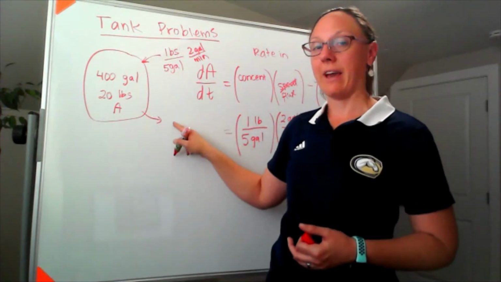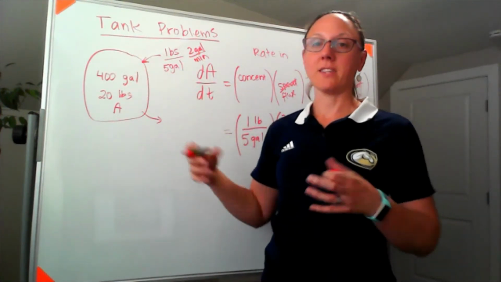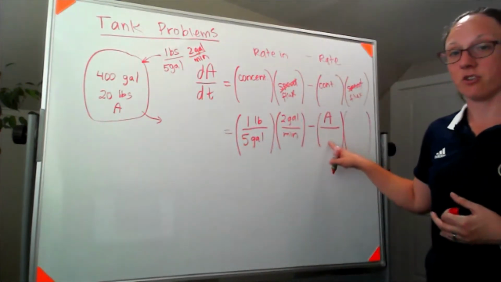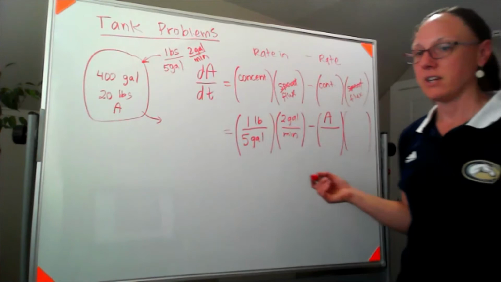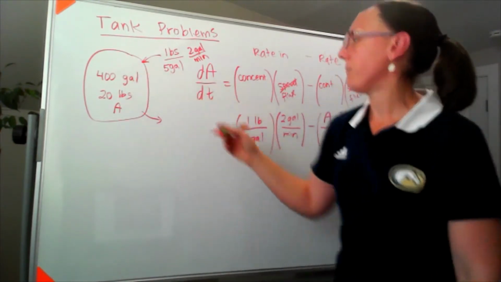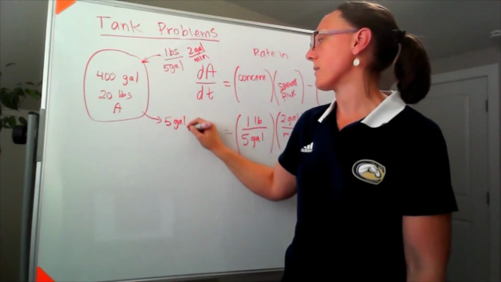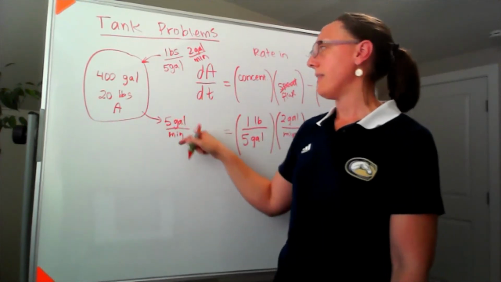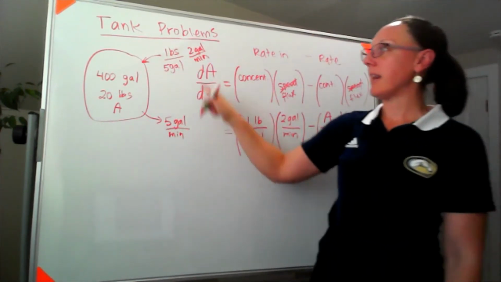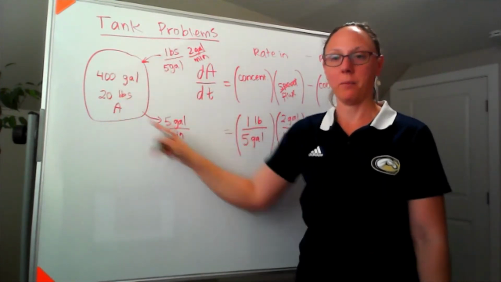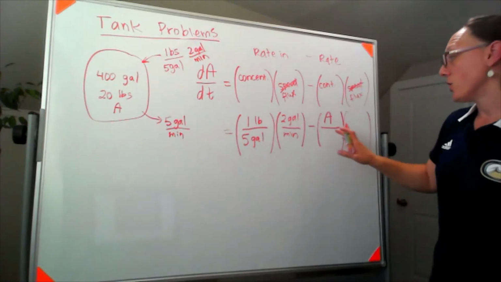But if it's flowing out at a different rate, then that means the total volume of stuff in the tank is going to change, which will affect the concentration of what's coming out. So if this is flowing out at 5 gallons per minute, then that means each minute I have a loss of 3 gallons because I've got 2 coming in, but 5 going out.